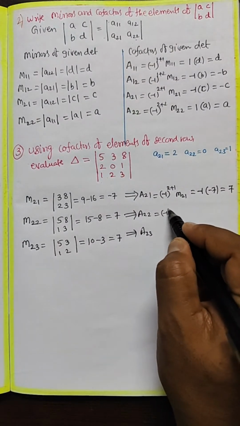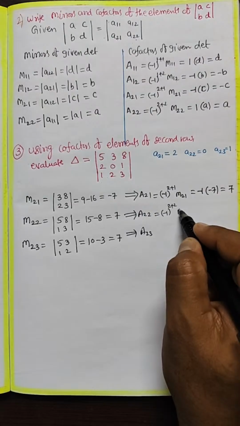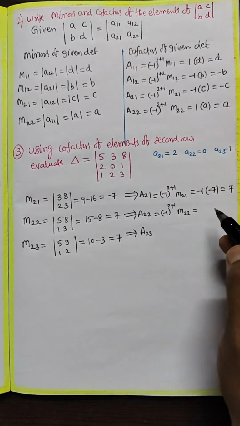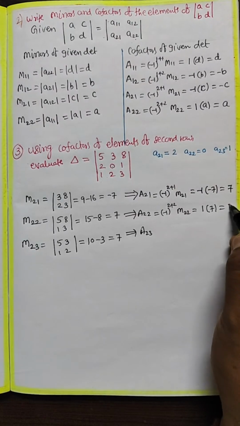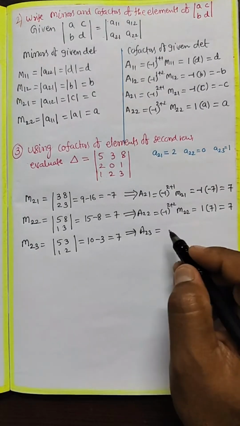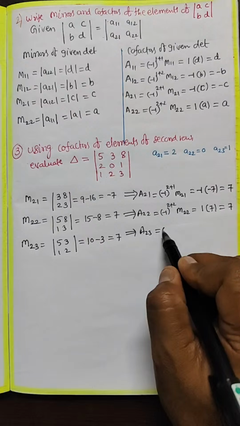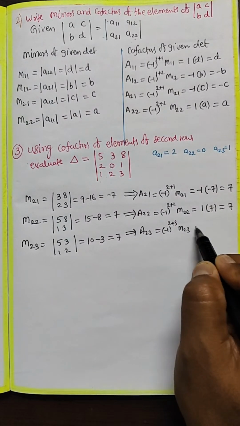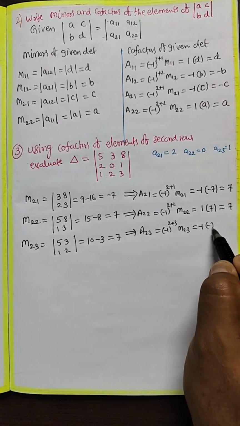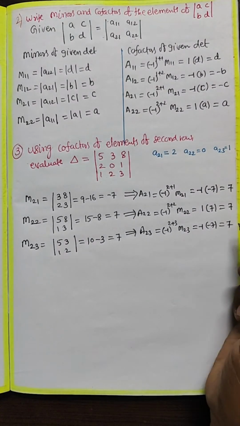Next, minus 1 whole power 2 plus 2 into M22, that is 1 into M22 value 7, therefore it is equal to 7. Next, A23 is minus 1 whole power 2 plus 3 into M23, that is equal to minus 1 into minus 7, that is equal to plus 7.